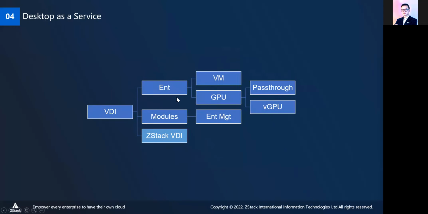Then it's desktop as a service. In ZStack, we have a VDI product. We call it ZStack XView. It's a virtual machine deployed in ZStack, and it can be very easily deployed in ZStack to provide VDI solutions.